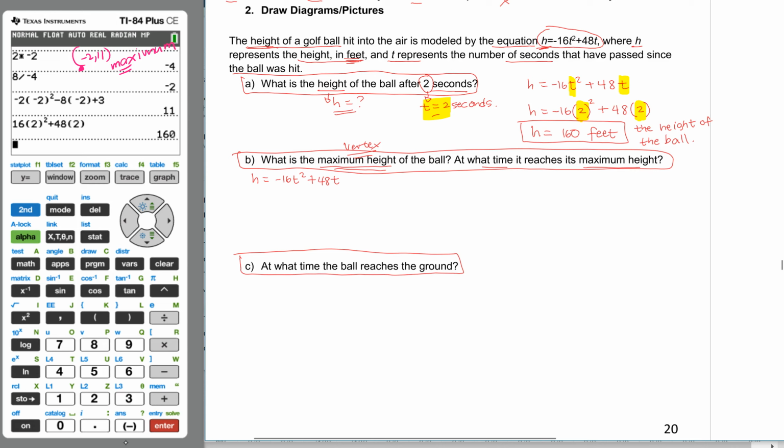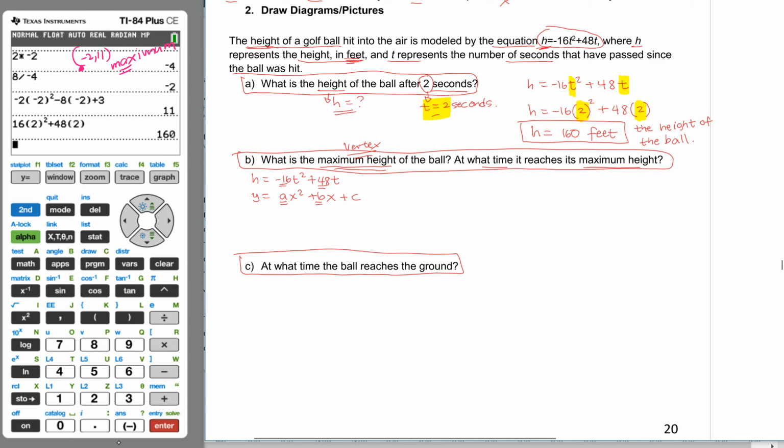I like to write the standard form just to remind ourselves: y equals ax squared plus bx plus c. Which means my a value is negative 16, my b value is 48. So I'll use the idea of finding the axis of symmetry and the vertex from the previous discussions, if you still remember.